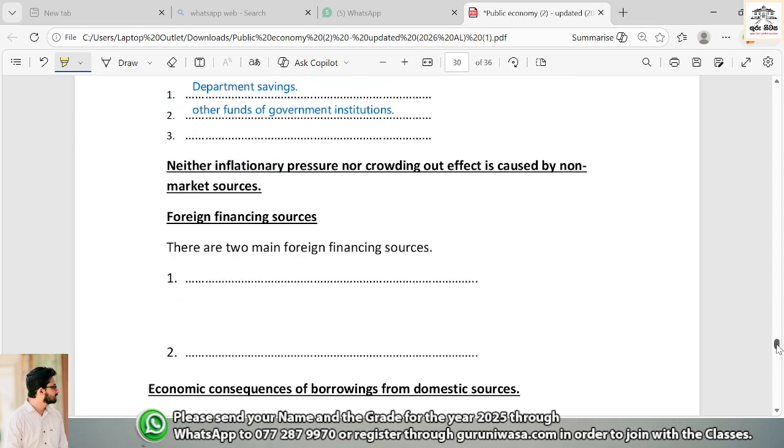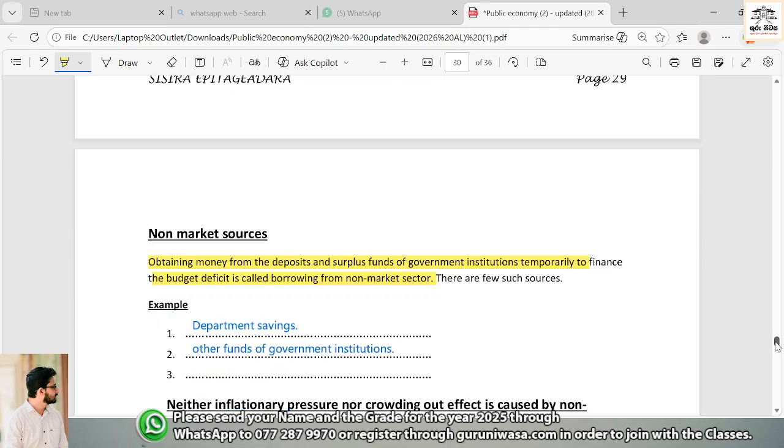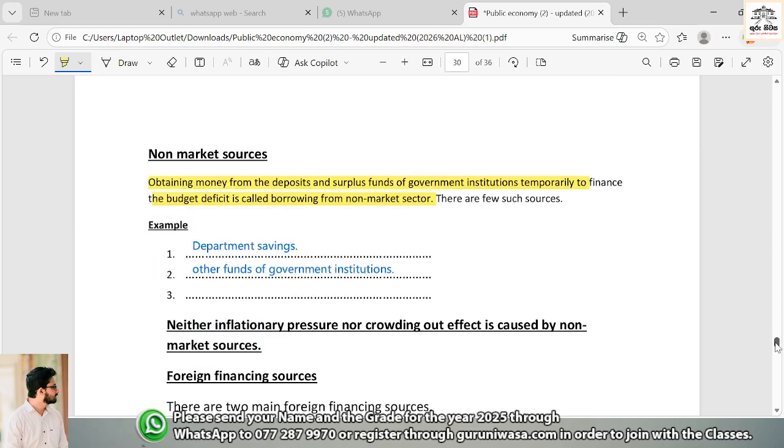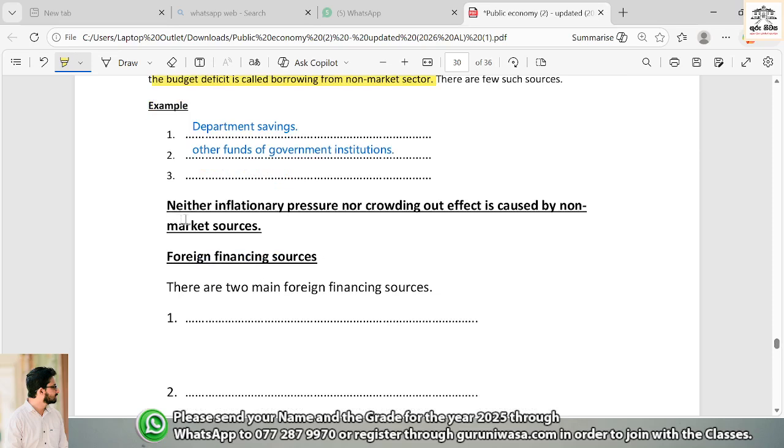But remember, these funds are insignificant, so very low. Neither inflationary pressure nor a crowding out effect is caused by non-market sources. I'll explain what the crowding out effect is. Highlight the word.